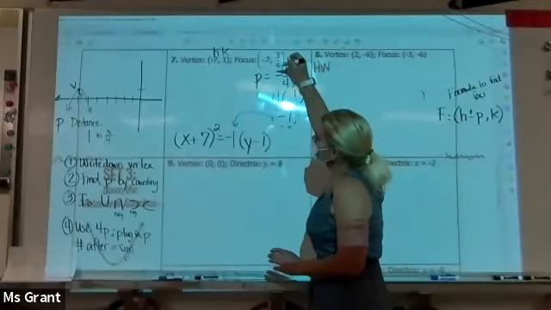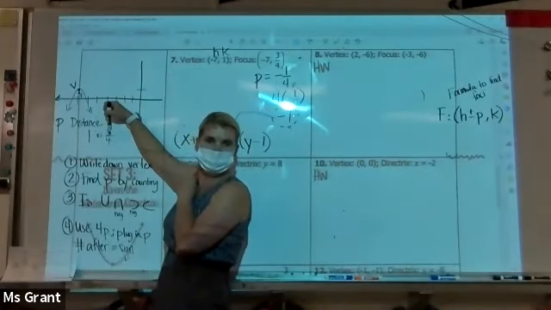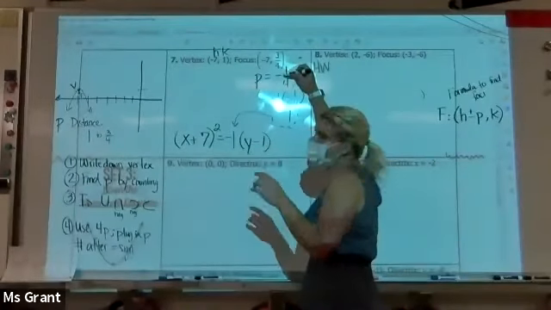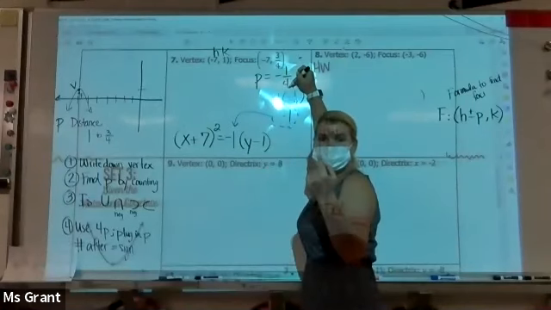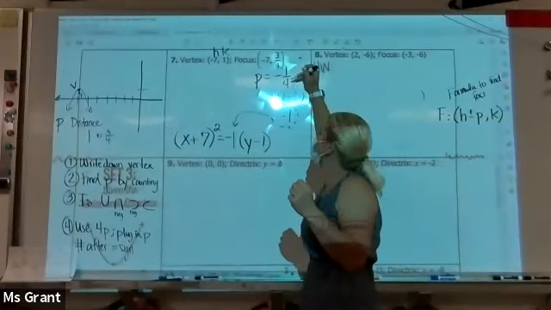Mr. Gann, can you explain again why the 4P was equal to minus 1 in this scenario? Okay, did you understand that from 1 to 3/4 was 1/4, a quarter? Yes. So it was negative because I went downward to get to my focus and because I knew that my parabola was opening downward. So 2 ways to figure that out.